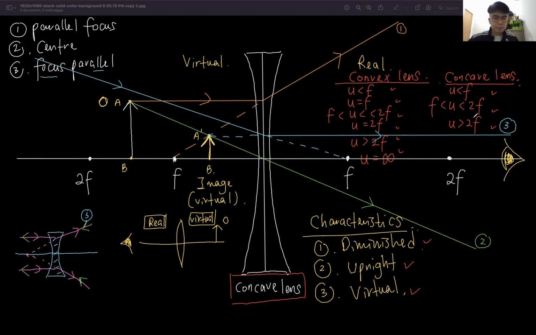So take out your graph paper or a piece of paper. You do 2 rows, one on top, one at the bottom, on 1 page. So 1 paper, you've got 2 pages. You will have 4 ray diagrams on 1 piece of paper. So you need about 3 graph papers.